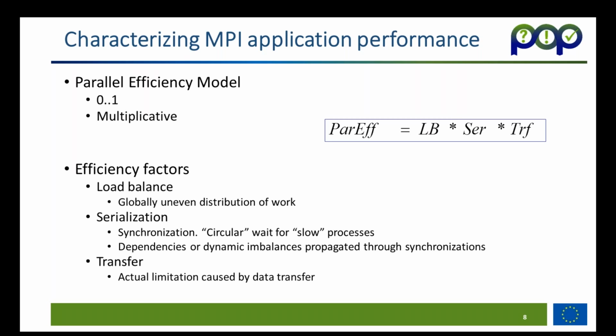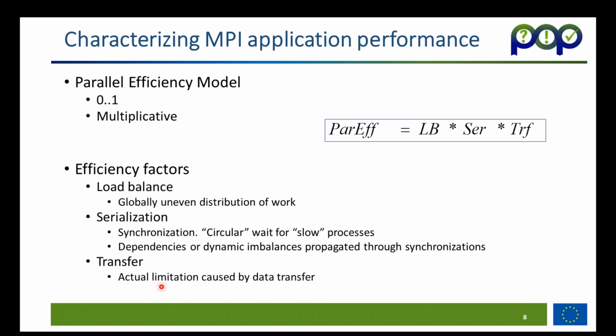We want to have a model which is multiplicative in terms of some factors, and the model is presented here. These are the three factors which are, again, efficiencies, again, numbers between 0 and 1, that characterize three fundamental concepts that I'm going to describe briefly. First, load balance, which conceptually has to do with the ability we have had in evenly distributing the amount of work among processors.